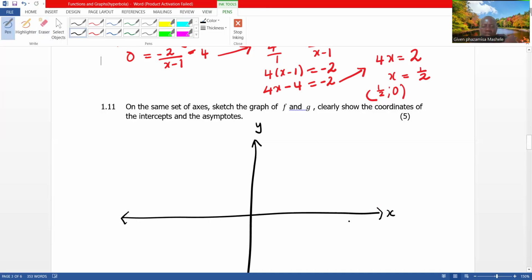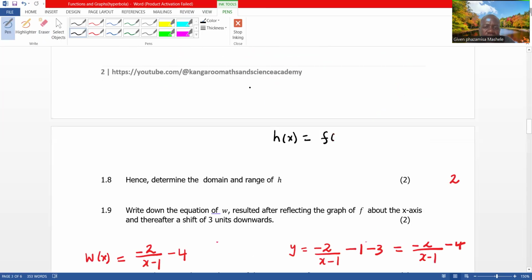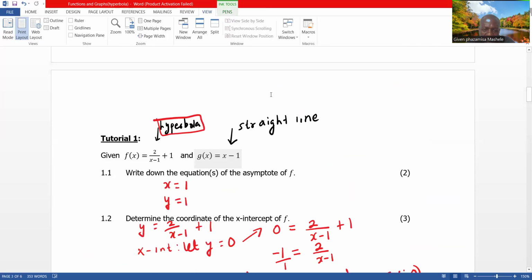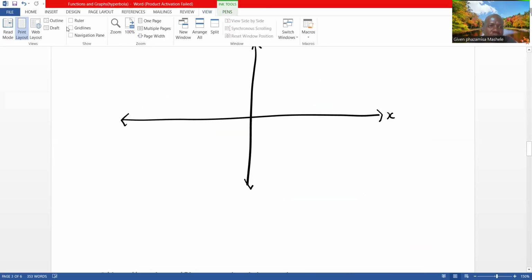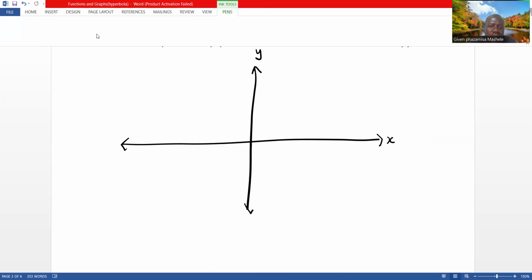Let's start with the vertical asymptote for f. What is the vertical asymptote for f? It's x equals 1. Yes, it's x equals 1. So where is x equals 1? Let me use a red one.